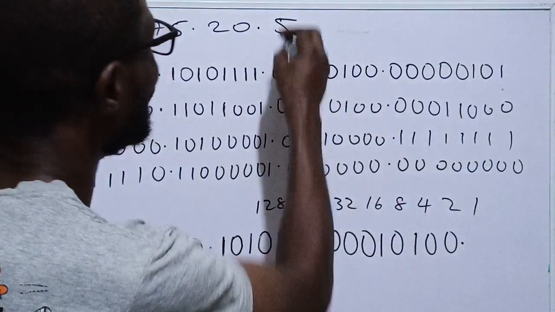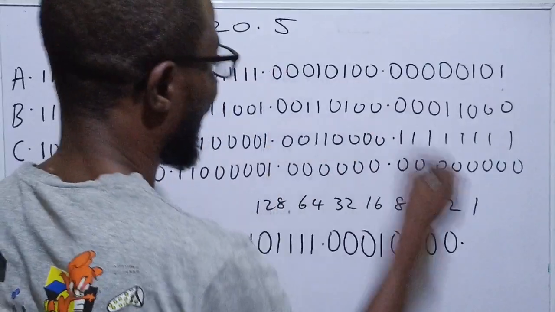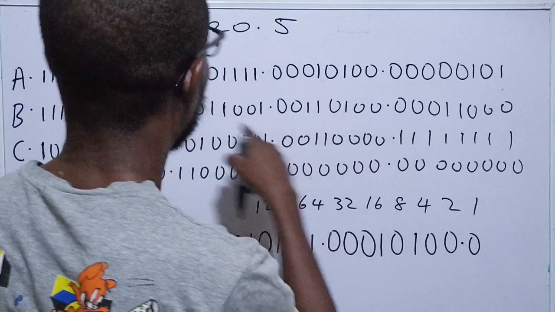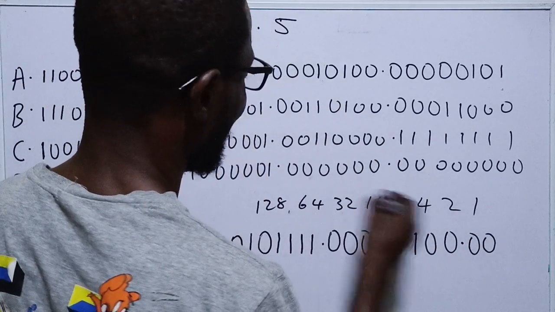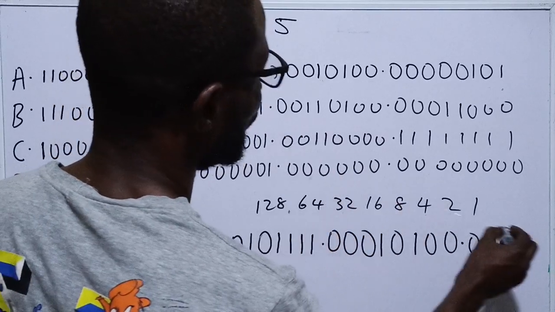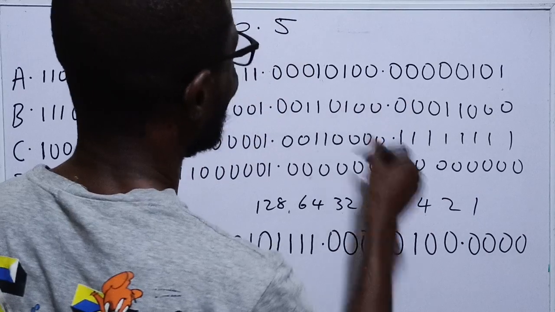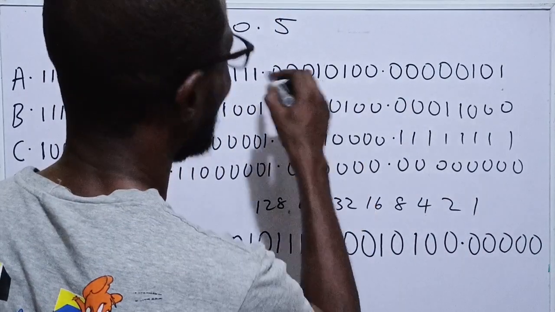Now let's do 5. Can you subtract 128 from 5? No, 0. Can you subtract 64? No. Can you subtract 32? No. Can you subtract 16? No. Can you subtract 8? No. Can you subtract 4?